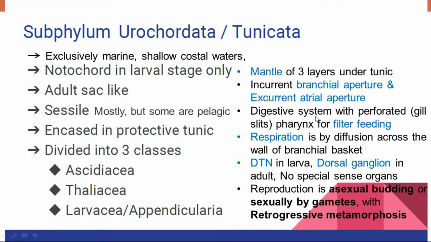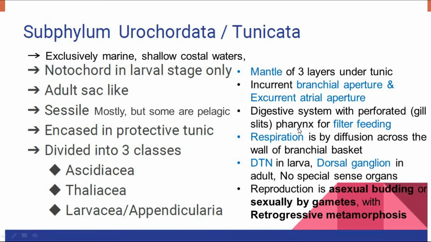The digestive system has a perforated pharynx, meaning the pharynx is the portion between the buccal cavity and the esophagus, and the pharyngeal wall has many slits.